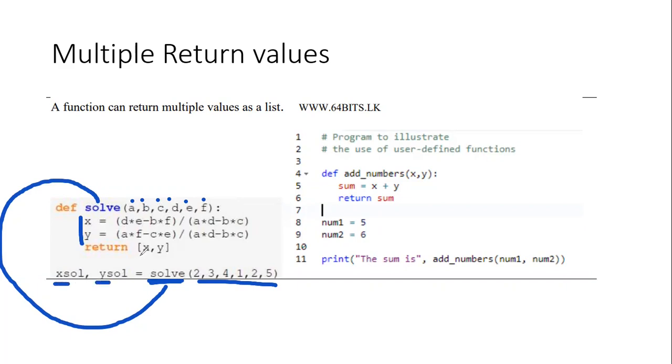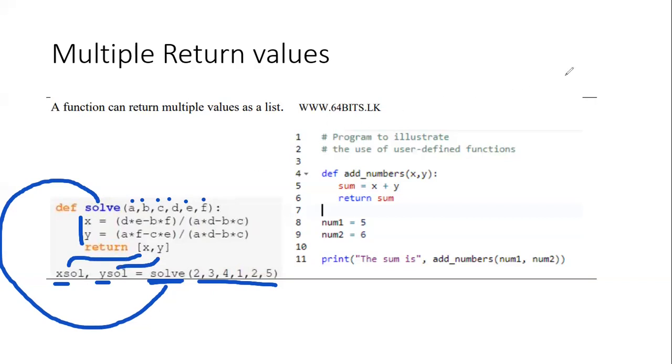So what happened? This value X will be mapped to here, and this value Y will be mapped to here, because it returns 2 values. Those 2 values will be mapped. So then in a program, we can return multiple values.